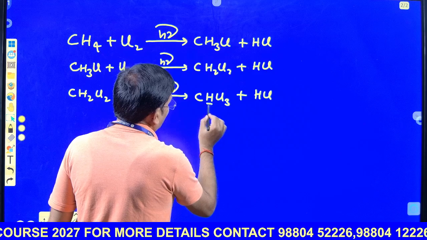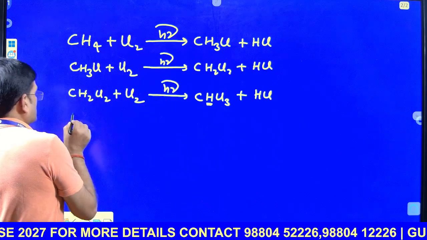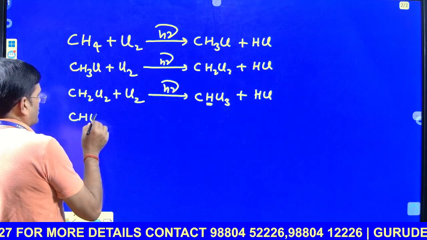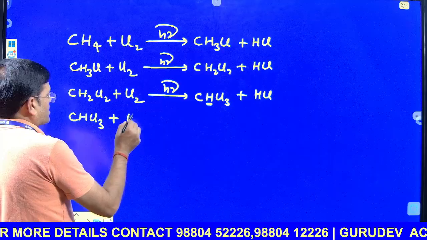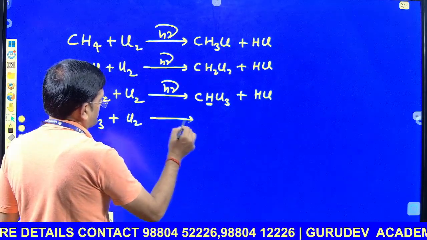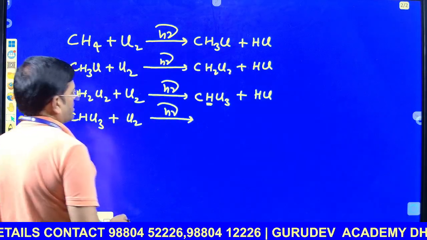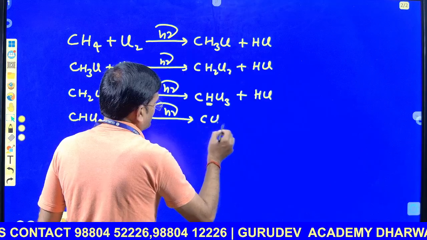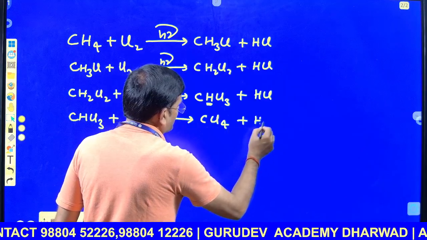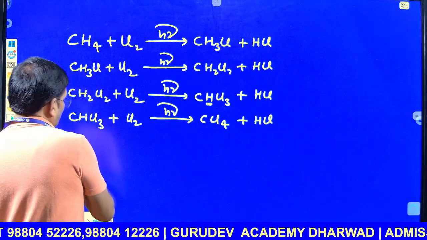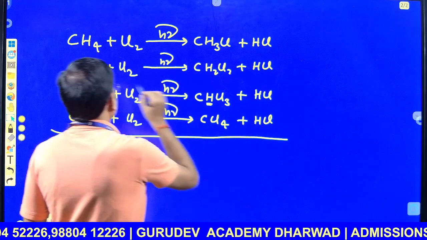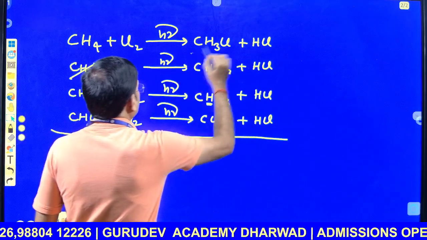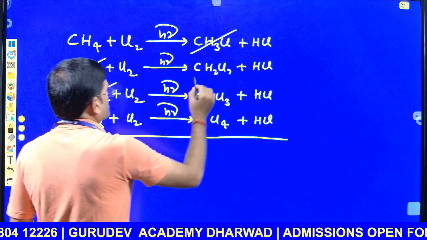It still has one more hydrogen to be substituted. So chloroform, that is trichloromethane, further reacts with chlorine to give CCl4 plus HCl. This is the substitution when the reaction is under uncontrolled conditions, right?